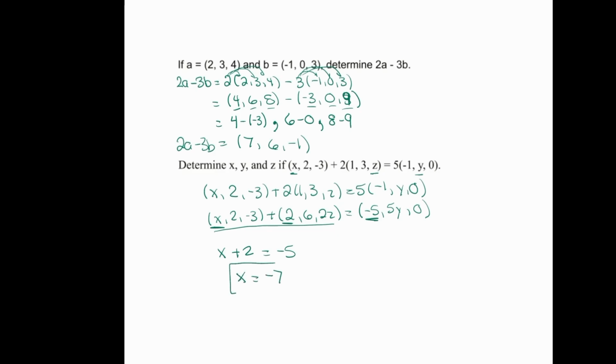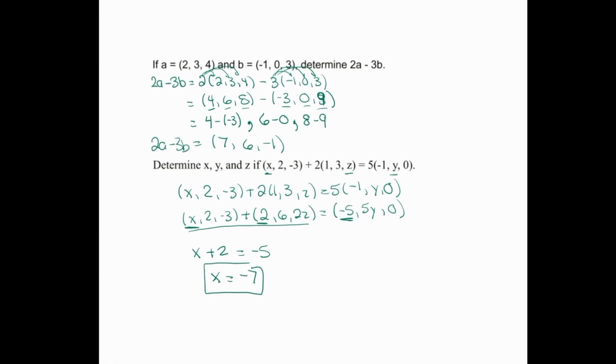Just rearrange and solve. Let's do the same thing for our y value. 2 plus 6, so here's my y value, 2 plus 6 must equal 5y. Well, 2 plus 6 is 8, so 8 must equal 5y, then y by itself is going to be equal to 8 over 5.